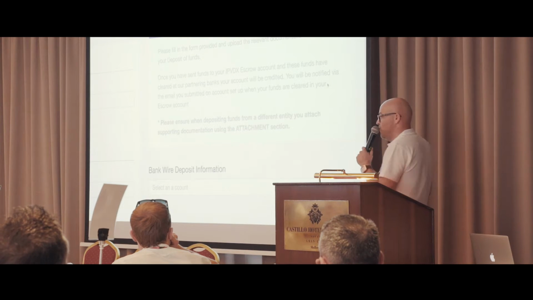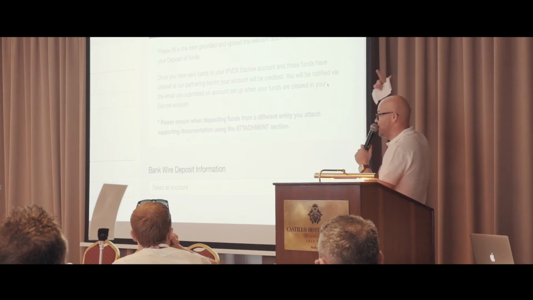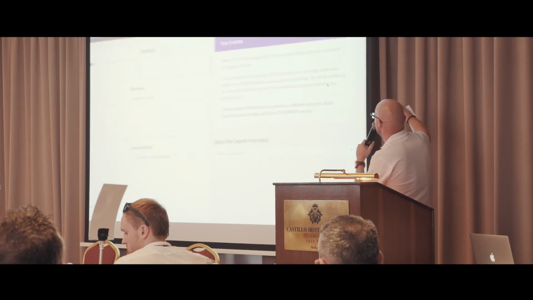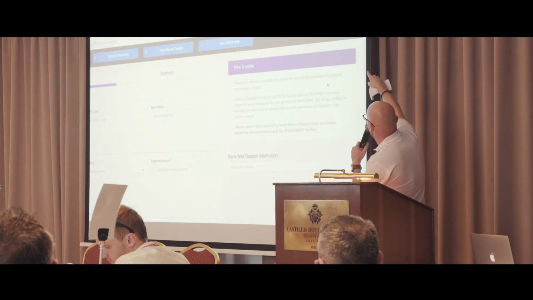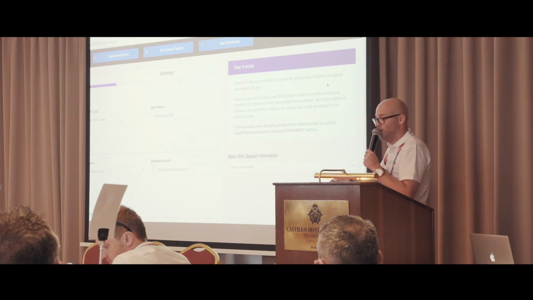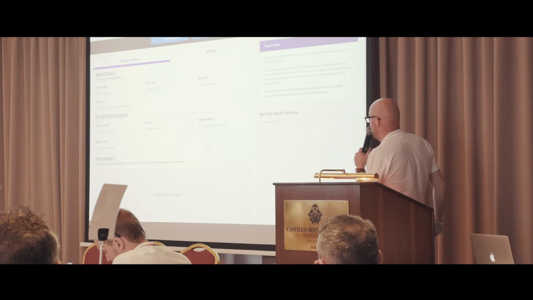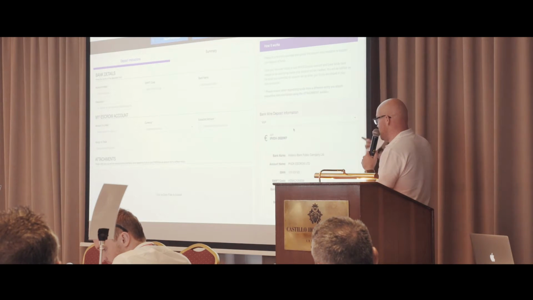For example, what's my bank account IBAN number? What's my SWIFT number? I know I'm with IPVDX. I know my number is at the top of the screen, George, you can see. I know my number is IPVDX 922, but I'm not going to go into Barclays and say I want to deposit money into IPVDX 922. So I want to know where it is. So bank wire information, straight away, there's your bank details.